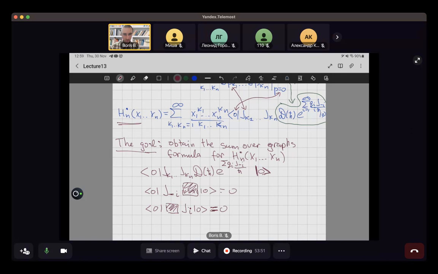Okay, then let me introduce one more operator. Definition: epsilon of u and z is the following sum of these E hat operators, z to the power m, sum over k.